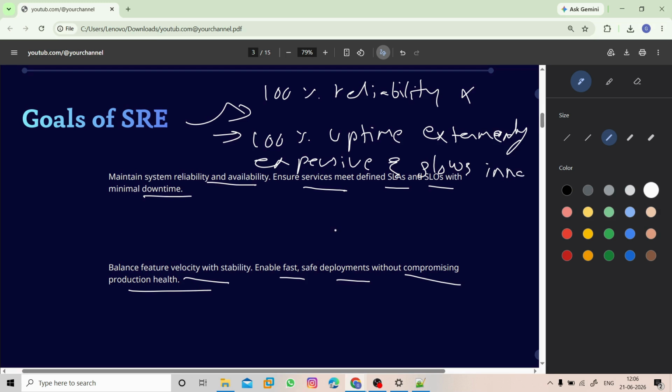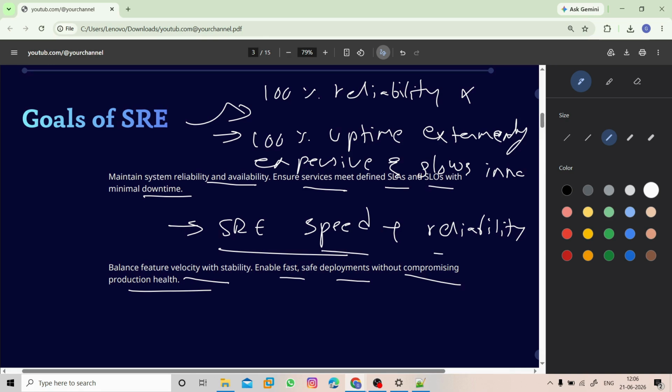We need to add more infrastructure, which will cost more. Instead, SRE focuses on finding the right balance between speed and reliability. They don't want 100% reliability.